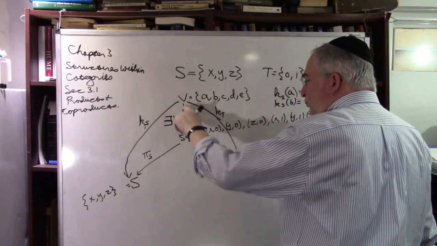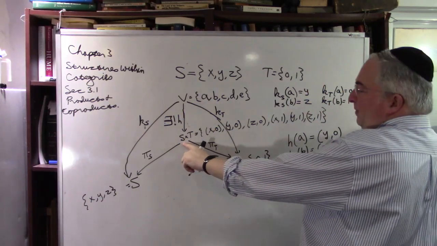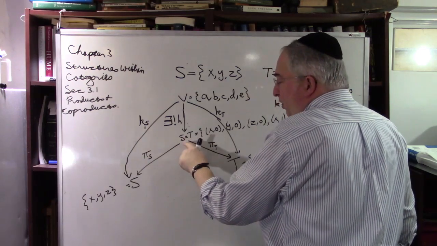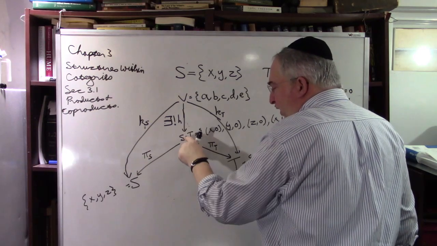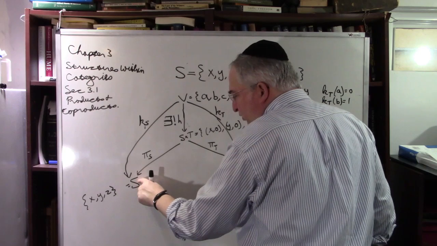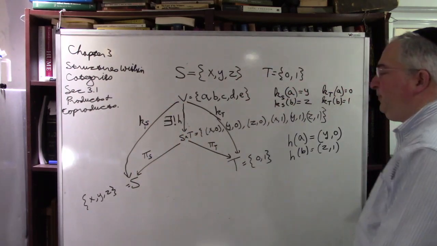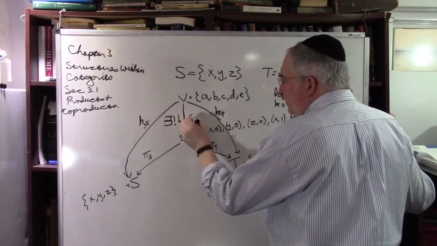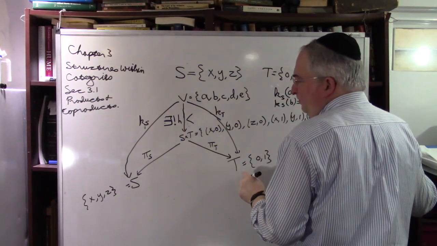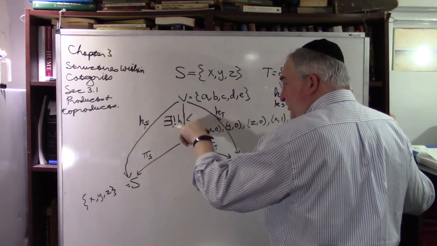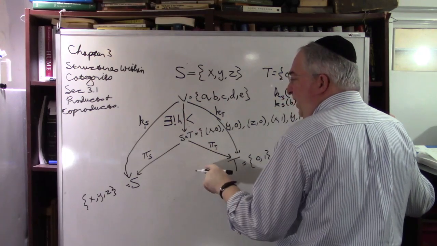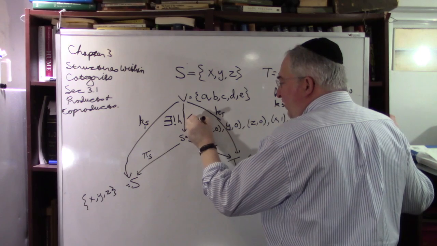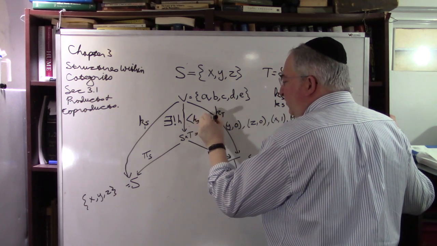A here goes to Y comma 0, and over here it's going to go to Y. So Y comma 0, here it just goes to Y, so that commutes. So there's a unique map like that. And again, the proper way to describe this is this map goes from here to here, but it depends on K of S and K of T.